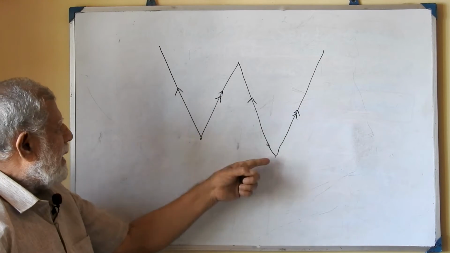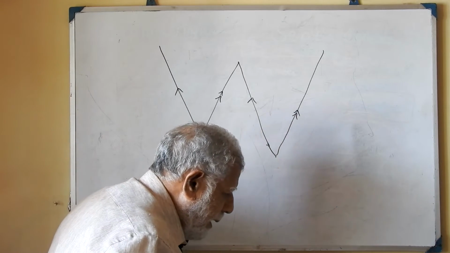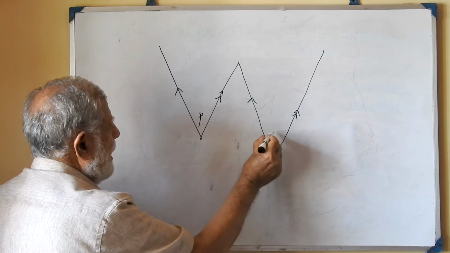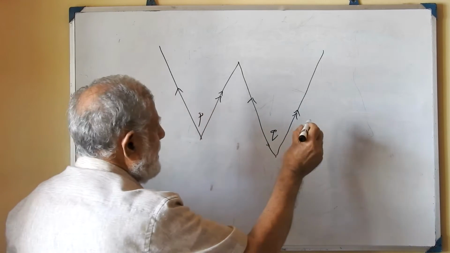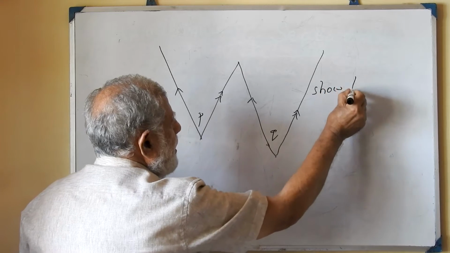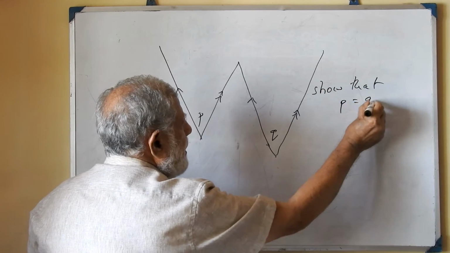Here, this angle is P, and this angle is Q. Now the question is, show that P is equal to Q.